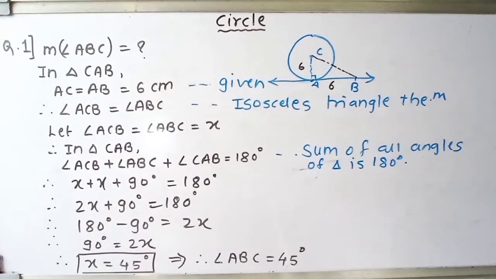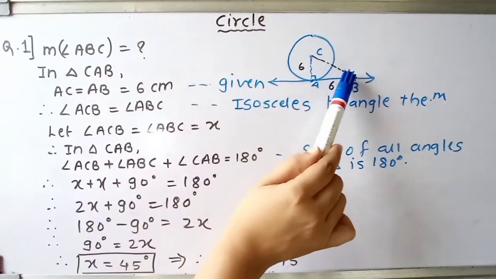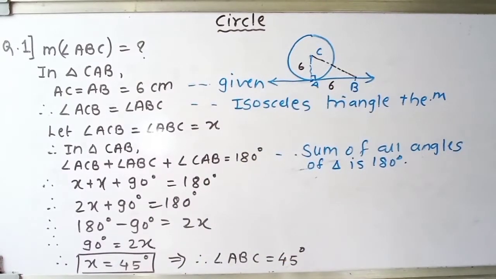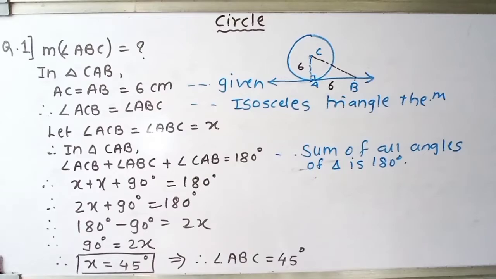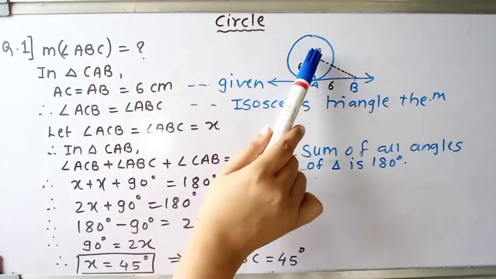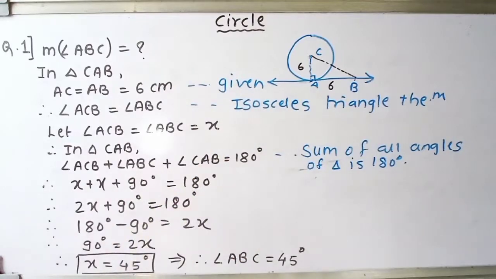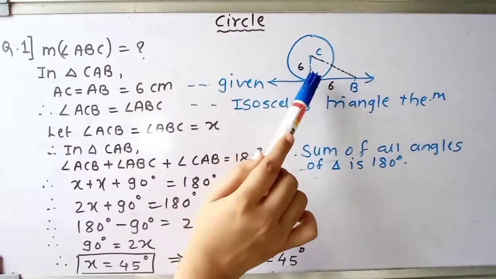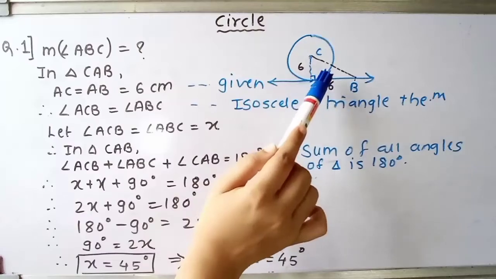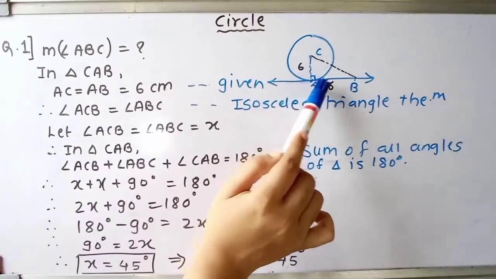Now what is the fourth question? What is the measure of angle ABC? We have to find this angle. Now in triangle CAB, we know AC or CA is 6 cm, and AB is also 6 cm, which is given, yes or no? Therefore we can say that by the isosceles triangle theorem, angle ACB equals angle ABC.